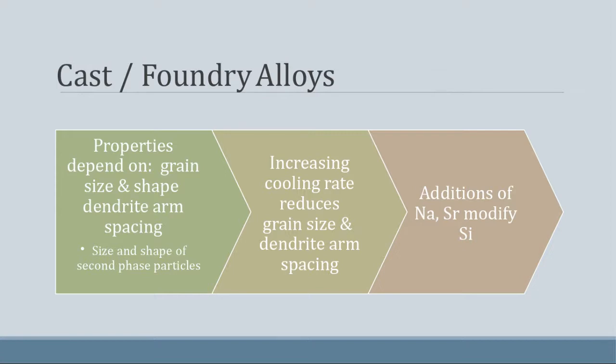So with increasing cooling rates, you reduce the grain size and also reduce the dendritic arm spacing. And just like with iron or ferrous alloys, there are elements that can be added to modify either the dendritic spacing or the shapes or morphologies of the secondary phase particles. And for aluminum, it's typically sodium, strontium, and silicon.